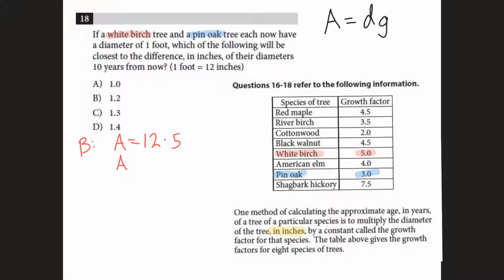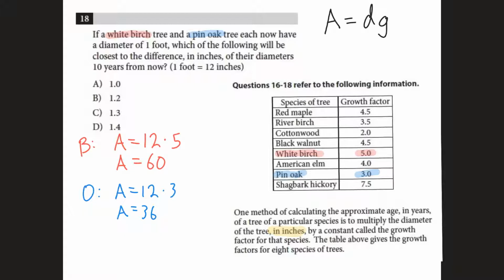So the current age of the birch is 60 years. The current age of the pin oak is going to be the diameter, 12, times its growth factor, which is 3. So the age of the oak is currently 36.